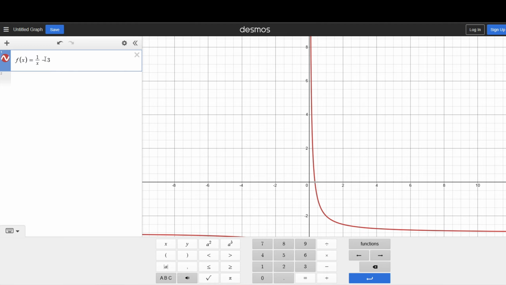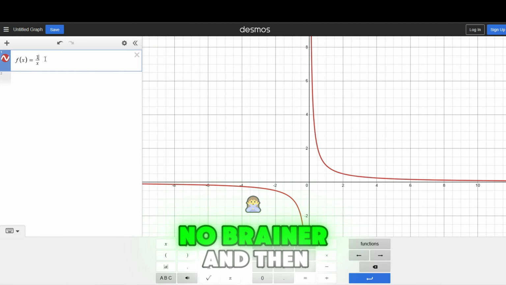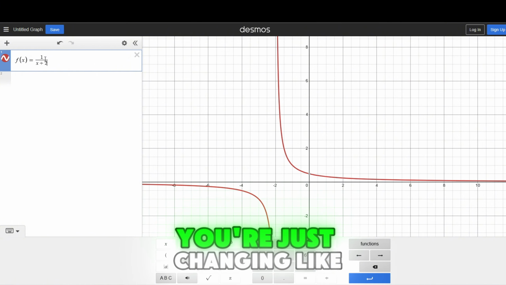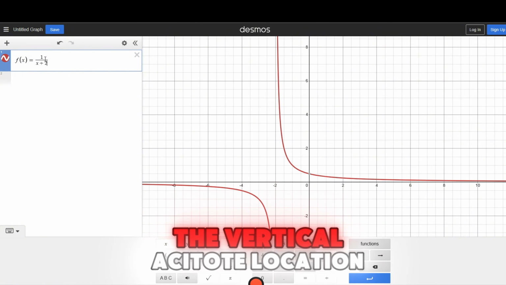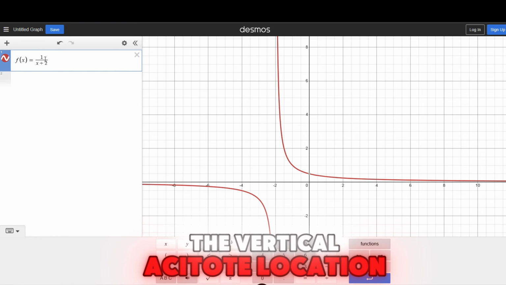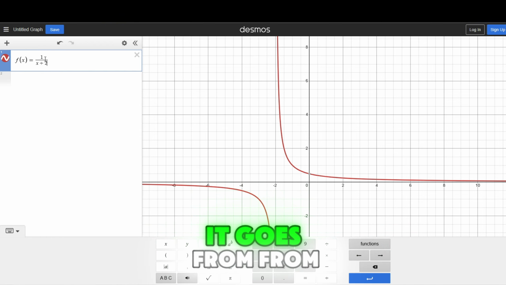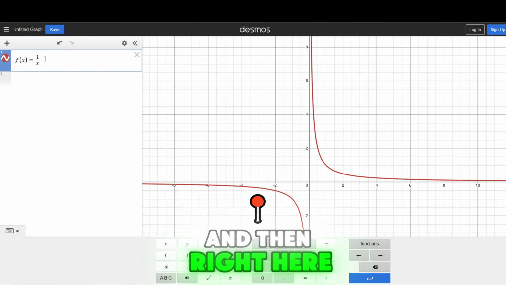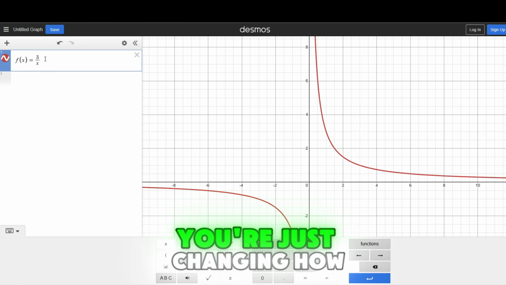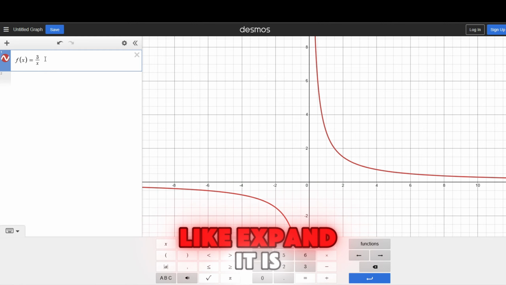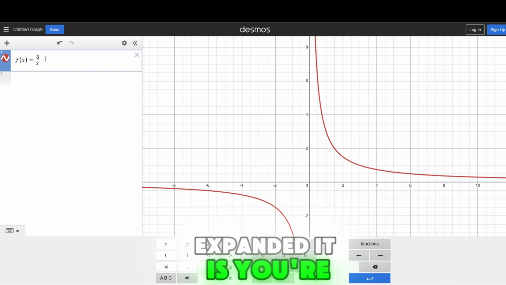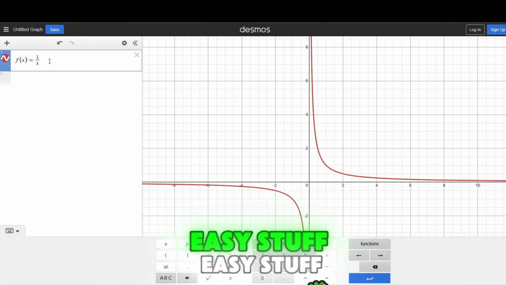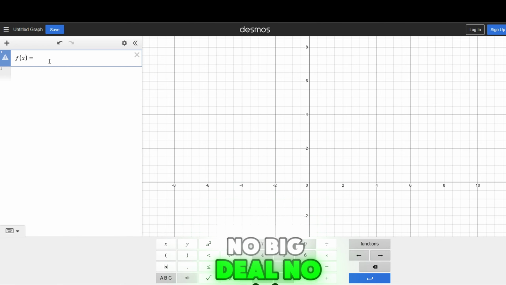No brainer. And then right here, you're just changing the vertical asymptote location. It goes from 0 to -2. Easy. And then right here, you're just changing how expanded it is. You're decompressing it. Easy stuff. No big deal.